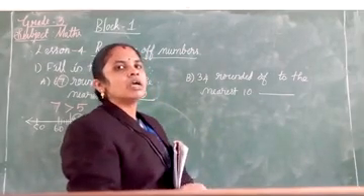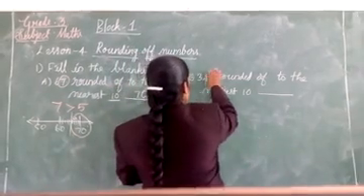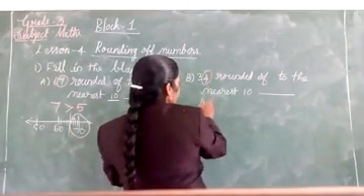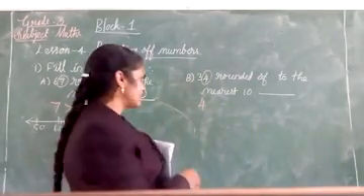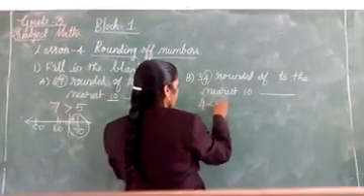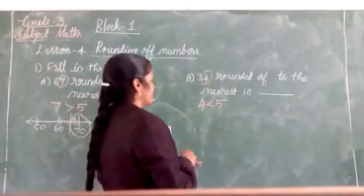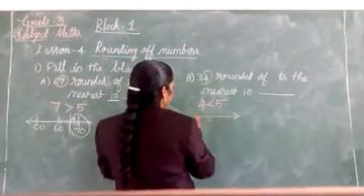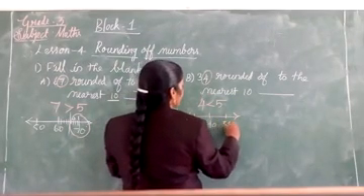Now here the second question is 34 rounded off to the nearest 10. Nearest 10 means we should see the digit at the place of ones. What is that? 4. Is that 4 less than 5 or greater than 5? 4 is less than 5. So we should round down to the nearest 10. For example, this is 30, 40, 50.